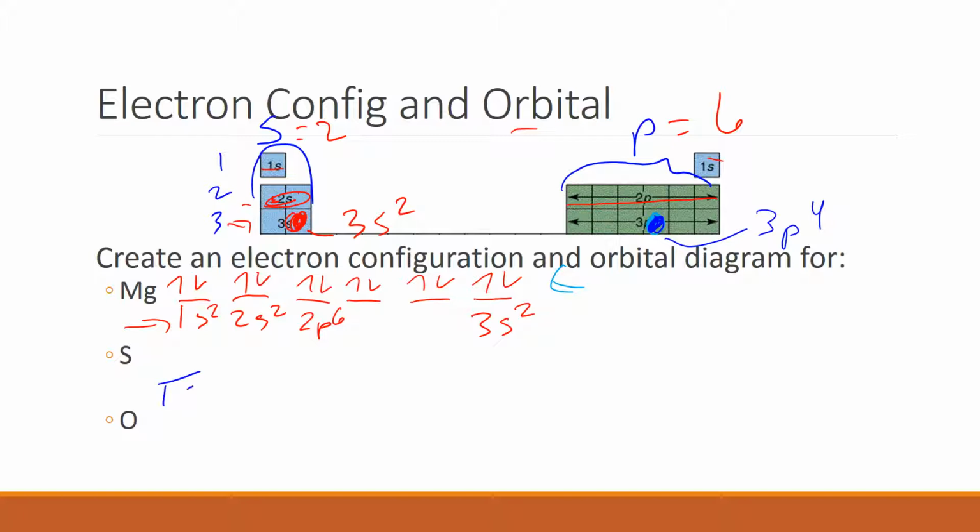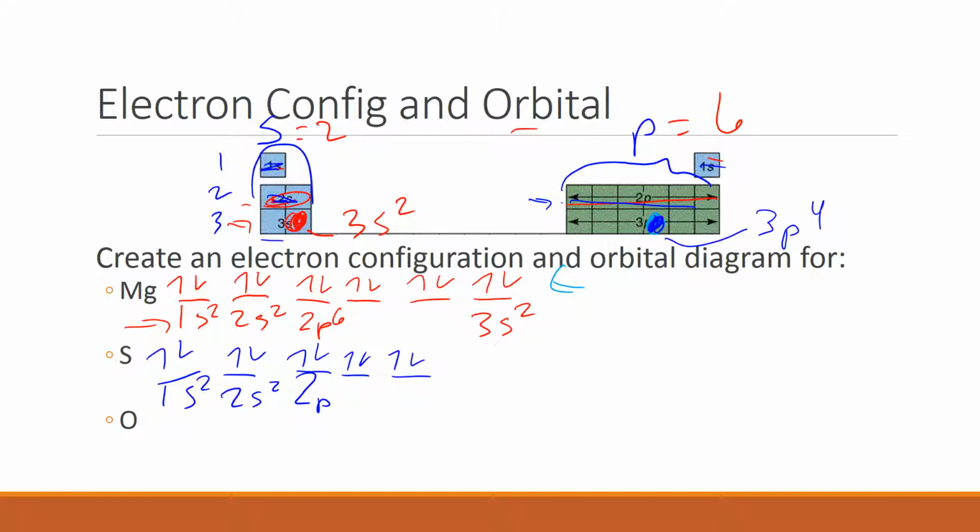So we go 1s. We do all of 1s, right? So 1s2. 2s, so 2s2, so up and then down. Now we go to the 2p, and we know it's got 3 spots, and we're going to fill all of it because we keep going. So 1, 2, 3, 4, 5, 6, we're good.